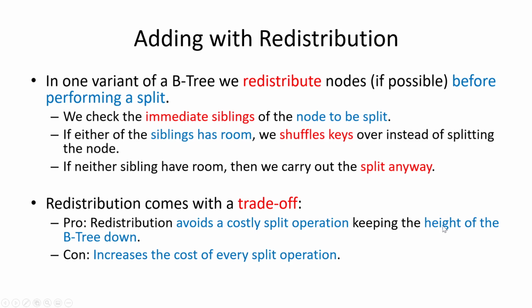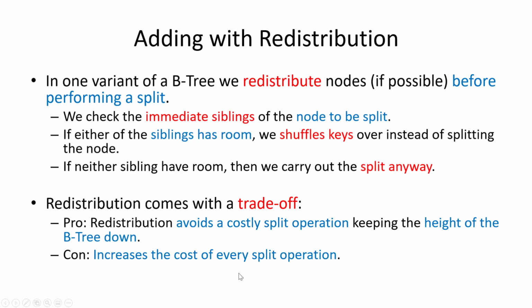So if we can keep the height of the tree as short as possible, then all of our operations become less costly. The trade-off here is exactly this, that if we have to check for redistribution and we find out that we can't redistribute, then we have to do the split anyway. We've only added more cost to the split, which was checking for the redistribution beforehand.